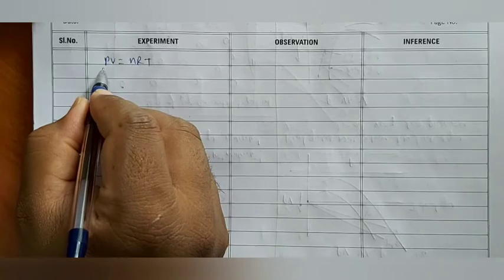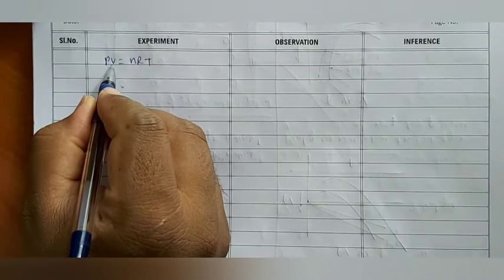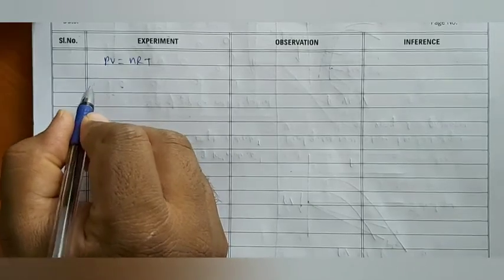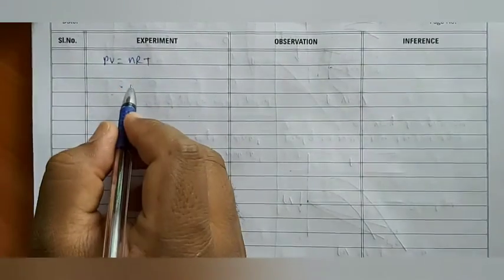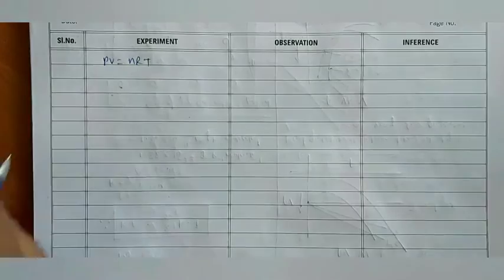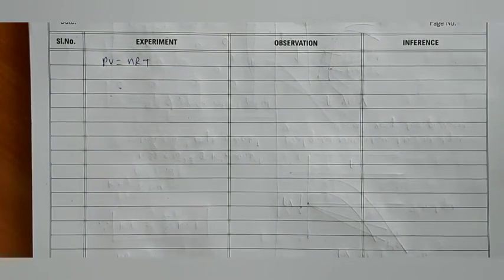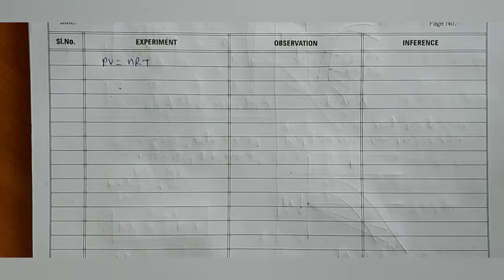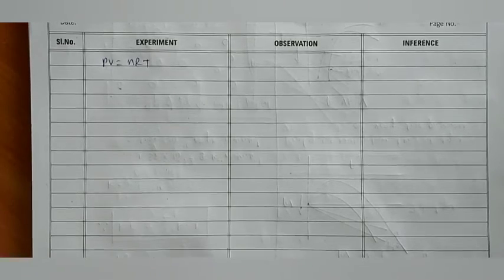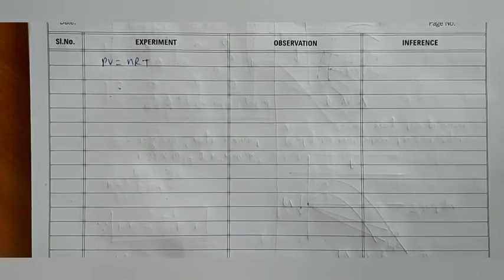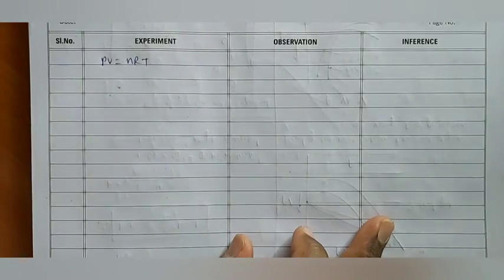We have to correct pressure and volume, and we have to write one new equation for real gas, because real gases are not following ideal gas equation, PV is equal to nRT, at all the conditions. Very rare conditions only they are following. That's why we need to derive one new equation which is suitable for real gas.